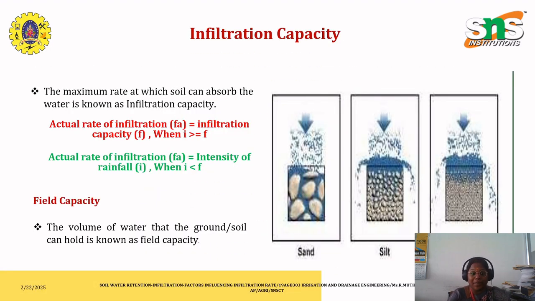The infiltration capacity is the maximum rate at which the soil can absorb water. We can calculate it theoretically with the help of these two formulas. The actual rate of infiltration is equal to the infiltration capacity when the rainfall intensity is greater than or equal to the infiltration capacity.